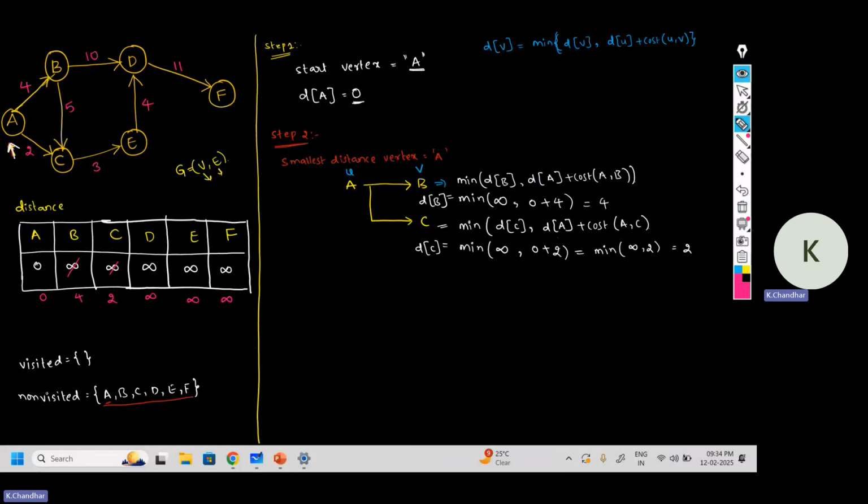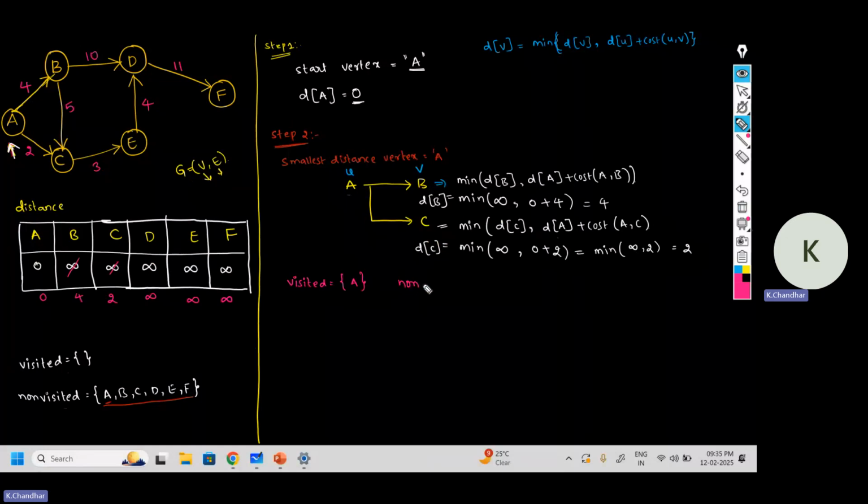So here, once this step is completed, what can I do? I need to update the visited and non-visited vertices. So let us see how I am going to update this one. Visited vertices. So here, which one is completed? U is completed. You need to write this U value into the visited vertices. So A is the visited.